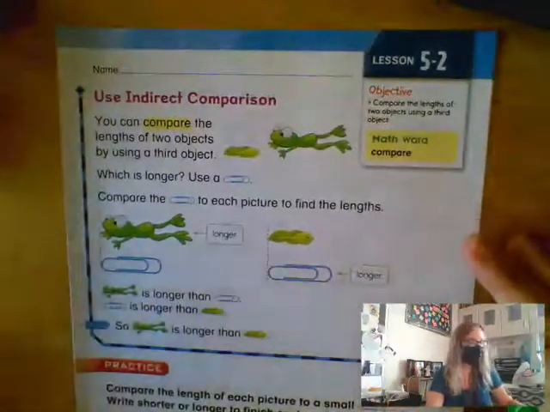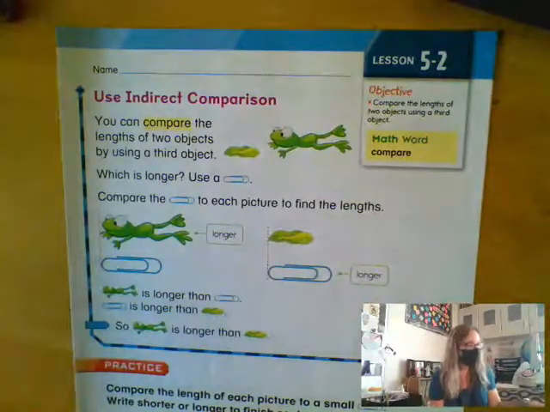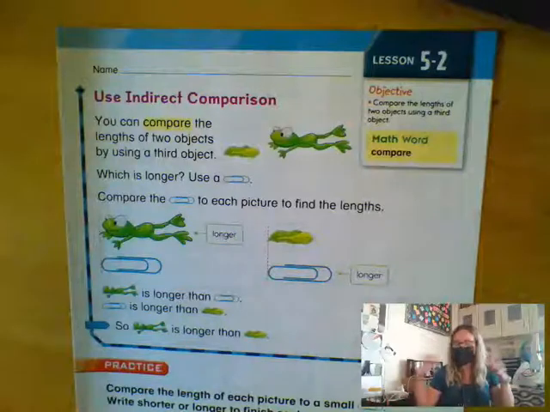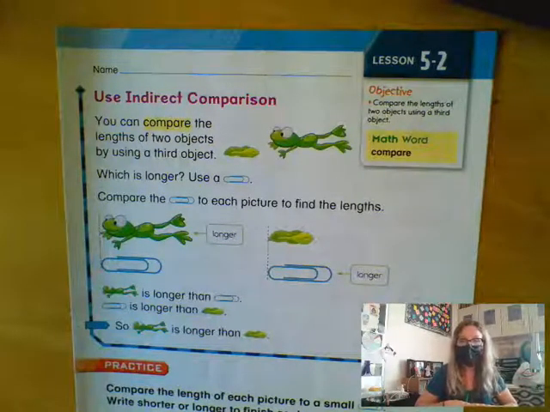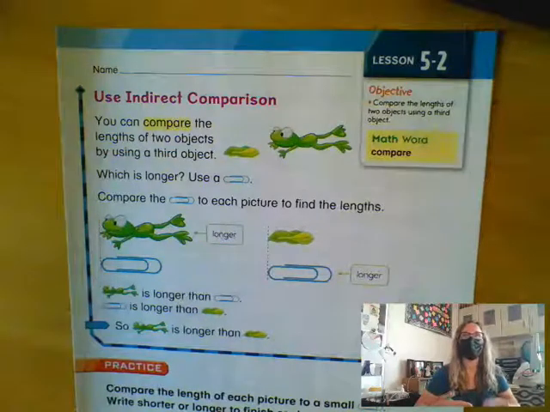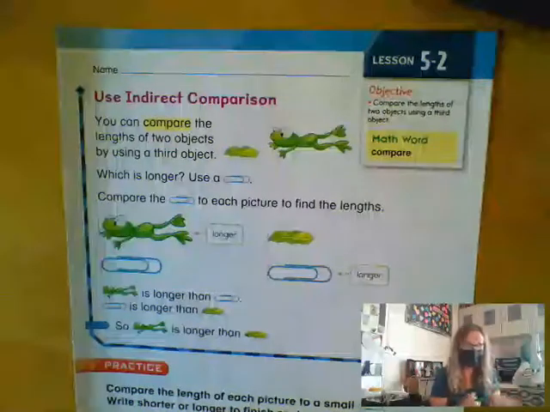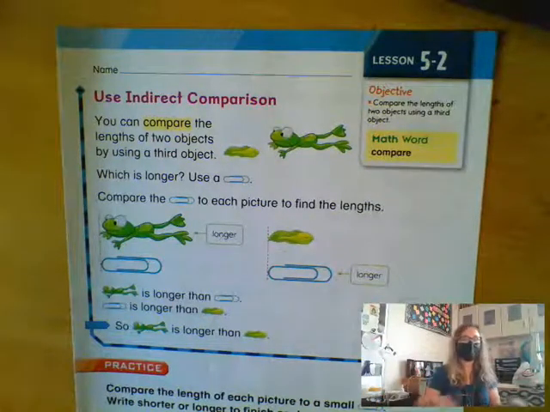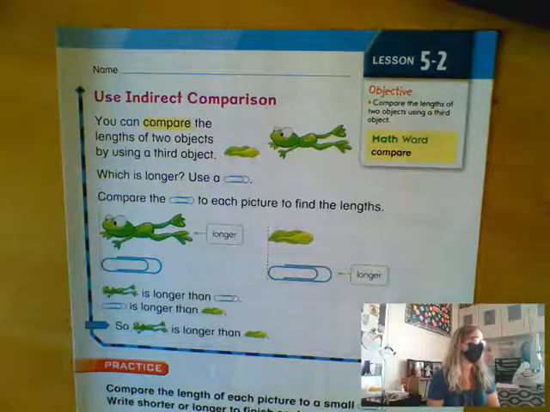So as you know, yesterday we started talking about measurement, and we looked at measuring the length of things. And we talked about how it's important when we measure things that not only do we make sure that all of the objects start at the same spot on the paper or on the board or whatever it is we're measuring, but also that we're using the same units to measure.